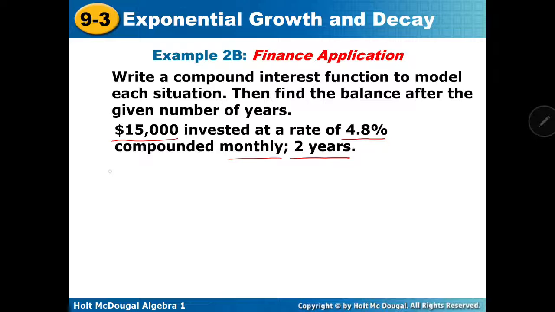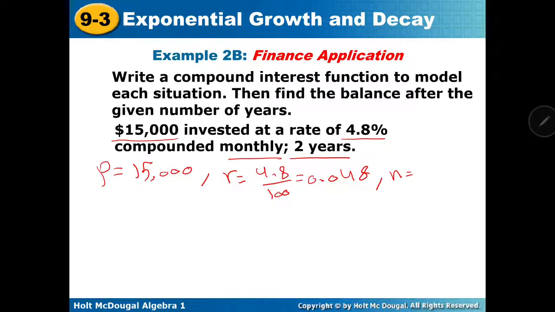So P is what? 15,000. R is 4.8%. 4.8% will be 4.8 over 100, as we learned in the first part of the lesson. That equals 0.048.